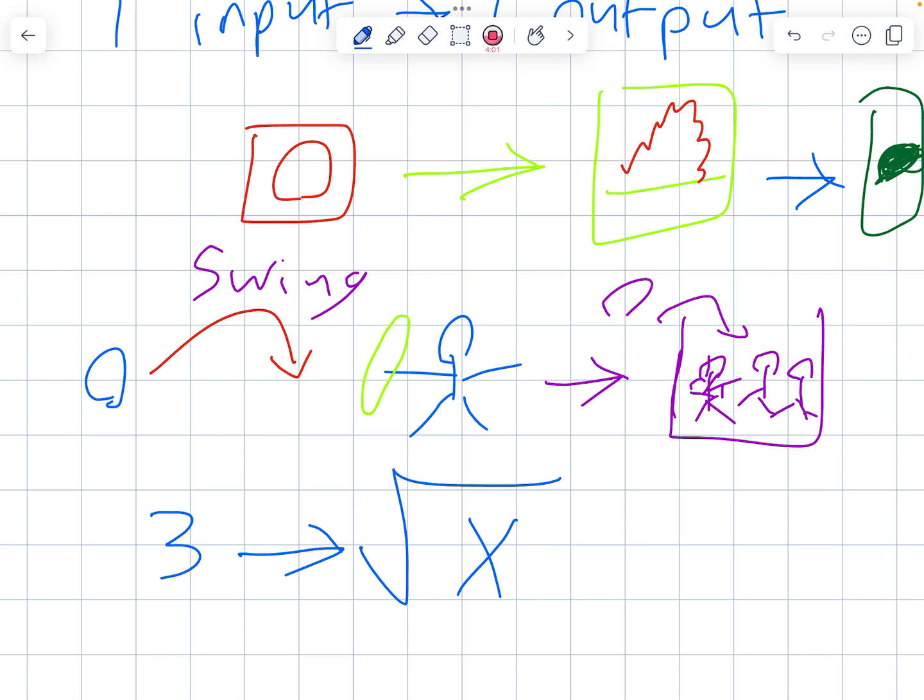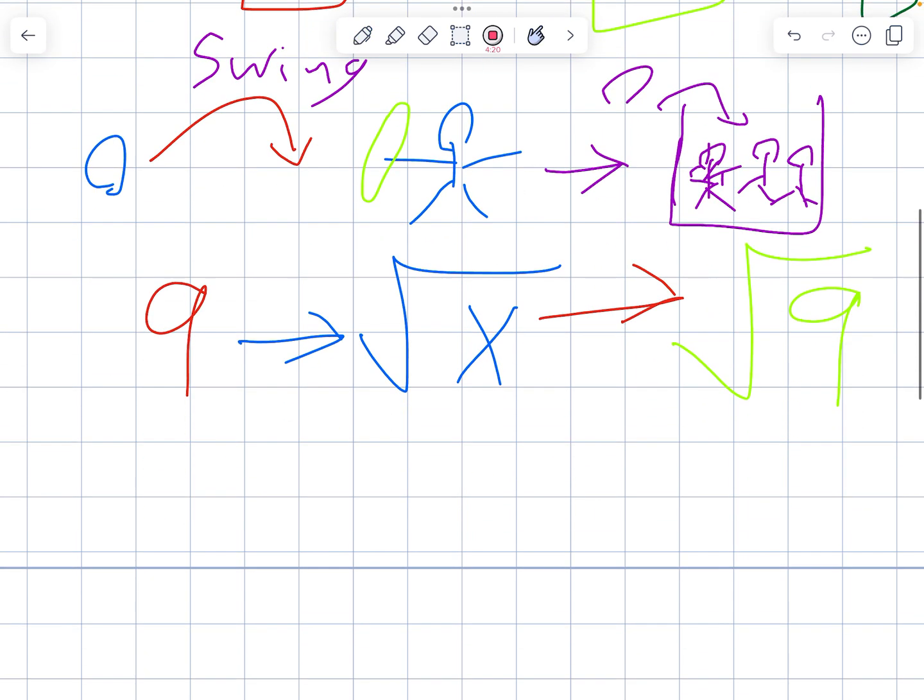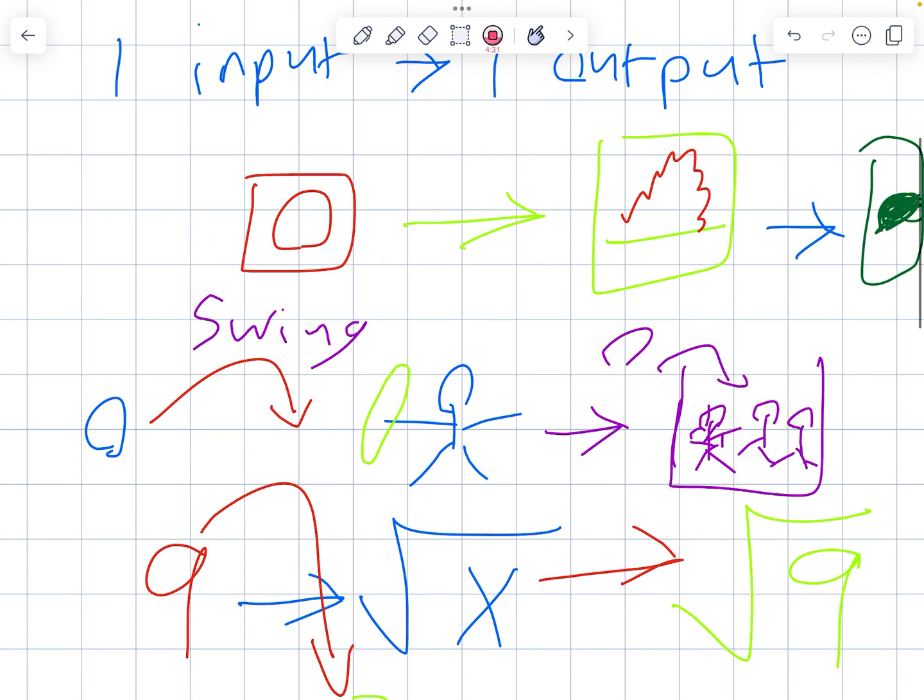If I put 3 into the square root, let's change this. Let's say 9. Some of you may have picked up why. If I put 9 into my square root function, well, I get root 9, which is equal to 3. So again, there's this direct transformation between the input and the output.